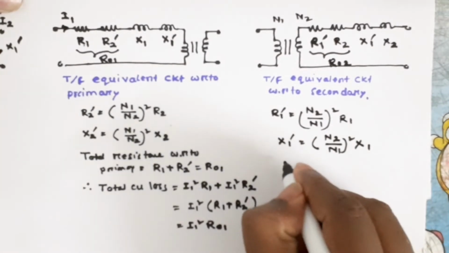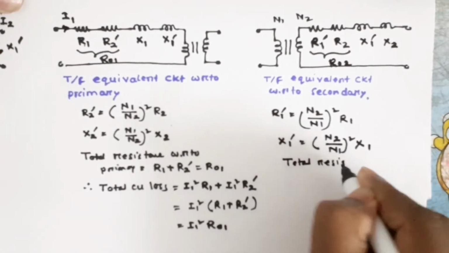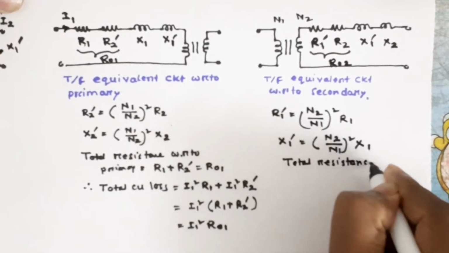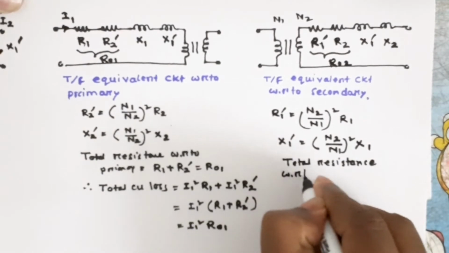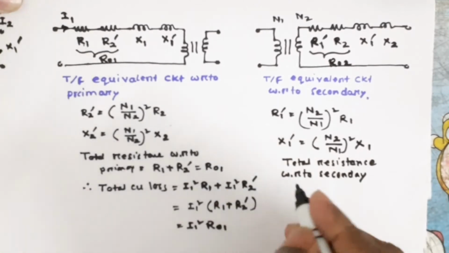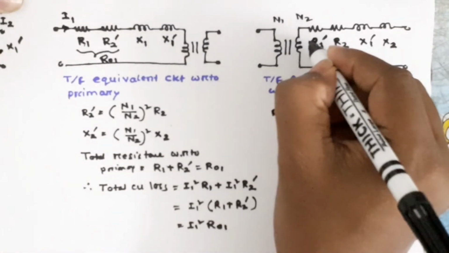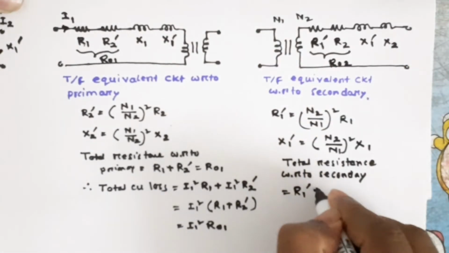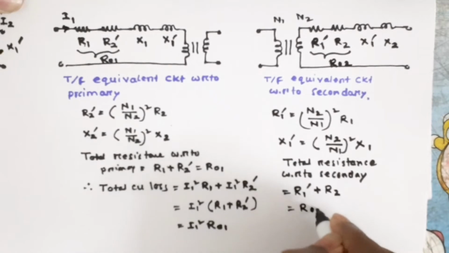Therefore, total resistance with respect to secondary is given by R1 dash plus R2, that is equal to R02.